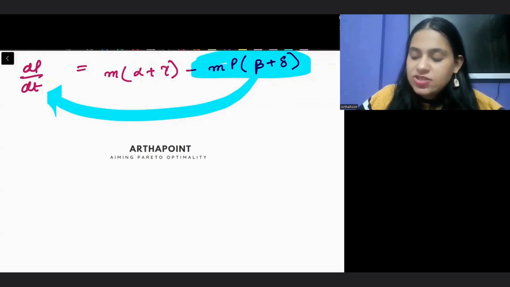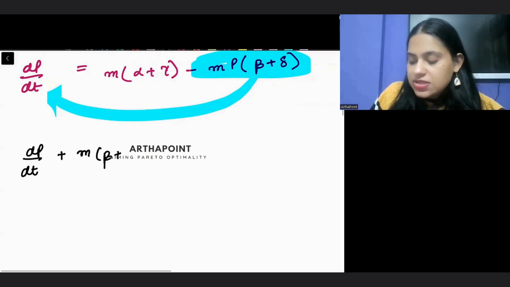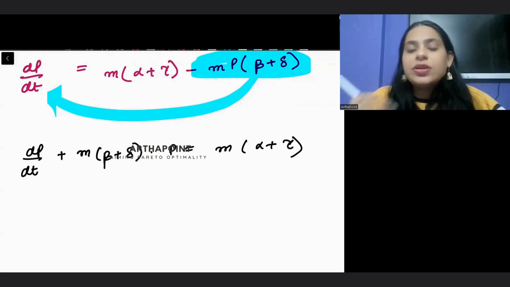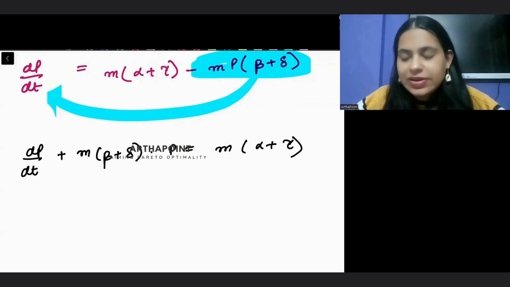ठीक है जी. So I will just take this on the other side and I will get dp by dt plus m beta plus delta into p is equal to m alpha plus gamma. I will get this, right? Now what you can go ahead and do is you can compare this with the general differential equation format, right?